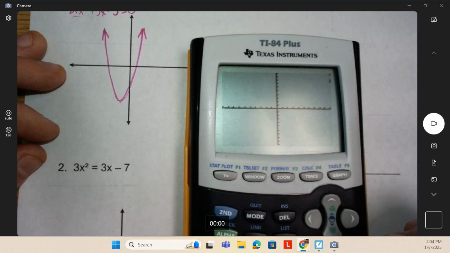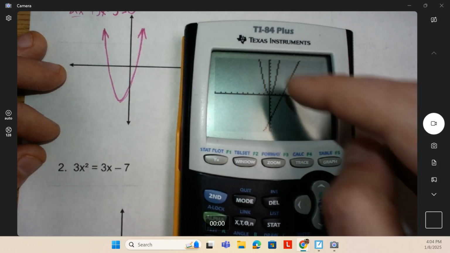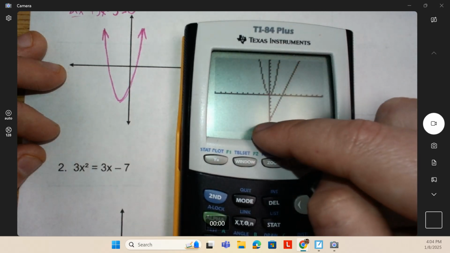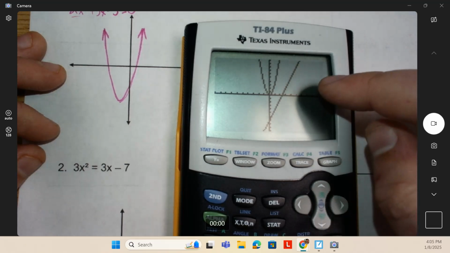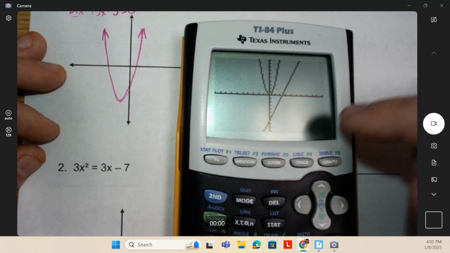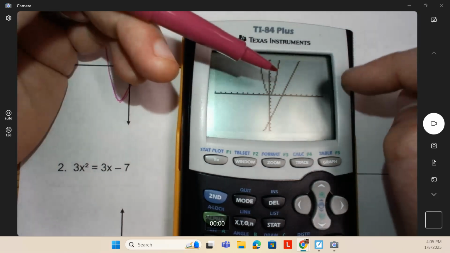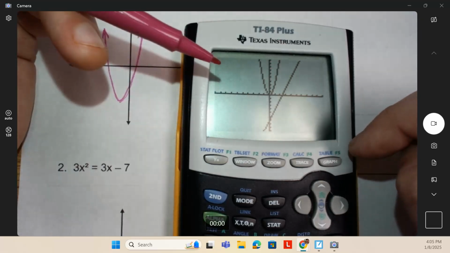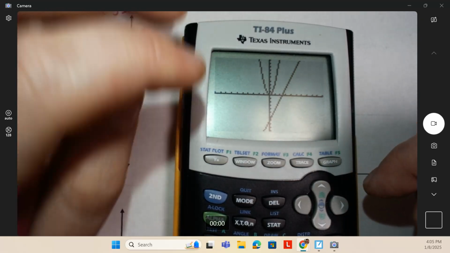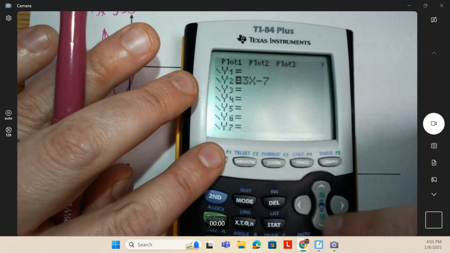When I graph it, what's going to happen is I get my parabola there for 3x squared, and then I get a line that doesn't touch that. So even that right there tells me, okay, there's not going to be any solution because just like my parallel lines when I would do straight lines for a system of equations, they don't ever touch, so there's no solutions.